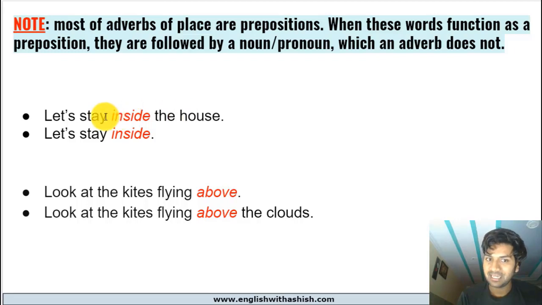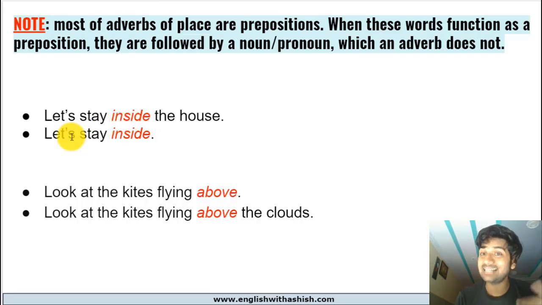Look at these examples. Let's stay inside the house. So inside is working as a preposition, showing the relation between two nouns, the house and the speaker. Let's stay where? Inside the house, right? So this entire thing is working as a preposition, but this is working as an adverb.